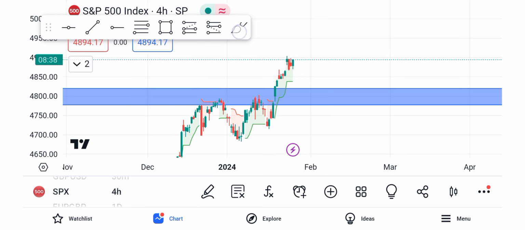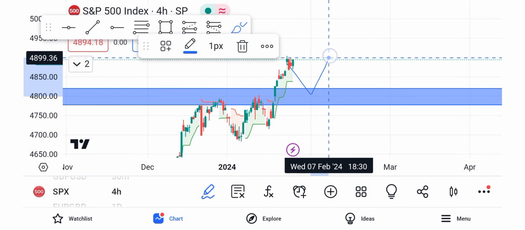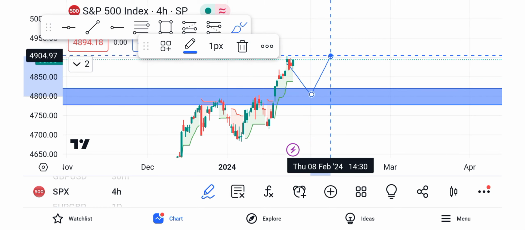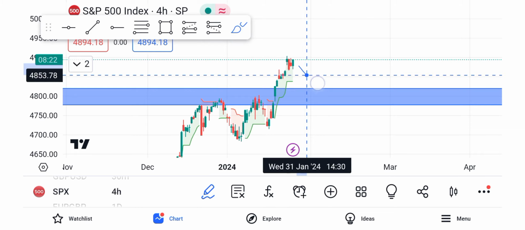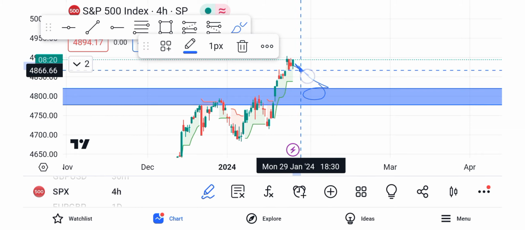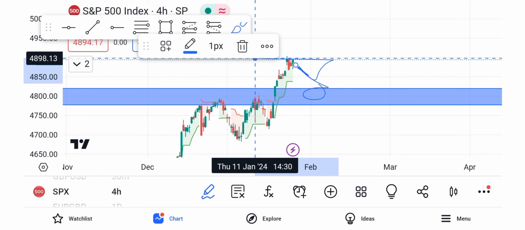But firstly, for an entry, it's best to wait for a retest and then an entry, right? It might not come back as low as this level, it could do a little bit of a retracement here and then break off new highs, right? Once it breaks new highs, just go into the trade.